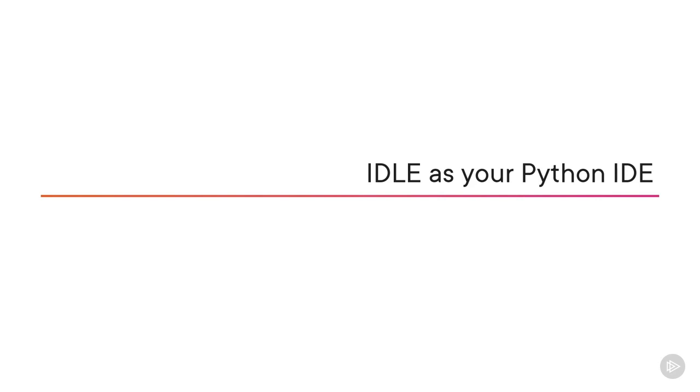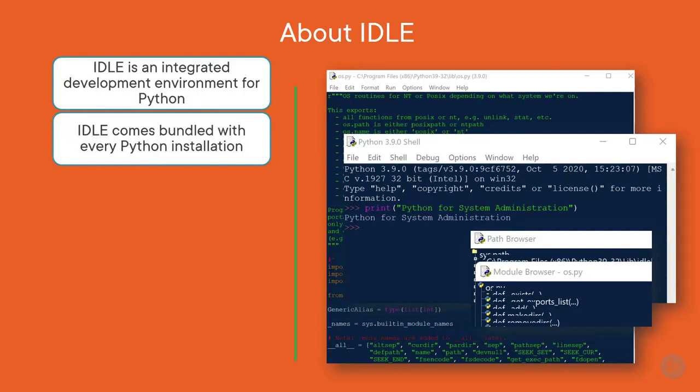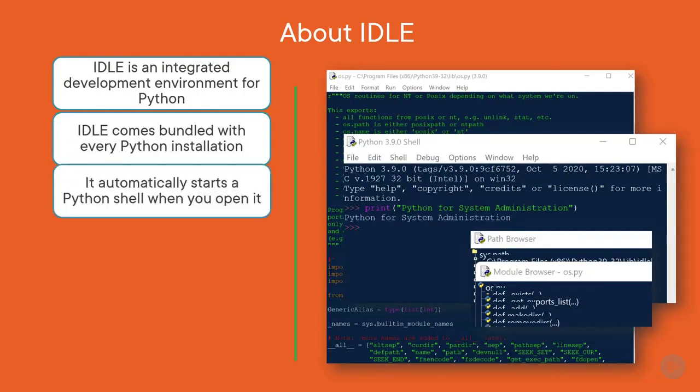Now let's explore some of the various IDEs available for Python. And we're going to start with IDLE. So IDLE is an integrated development environment. It's built specifically for Python. It comes bundled with your Python installation, and it automatically starts the Python shell when you open it.